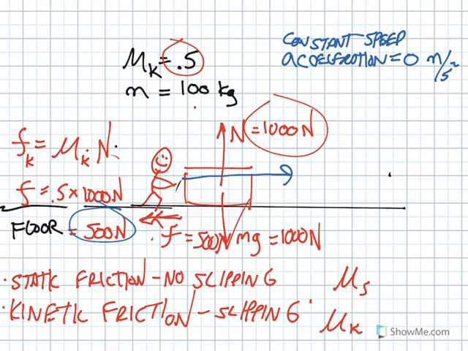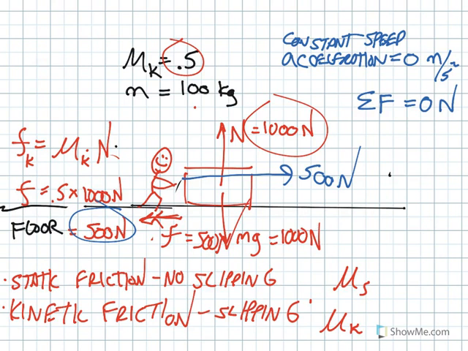But once it's sliding with constant speed, the force you exert just needs to be equal to the frictional force, and it's going to cruise along. So the force you're applying here again is 500 newtons, because the net force acting on this thing is 0.